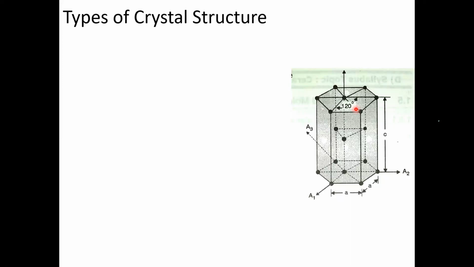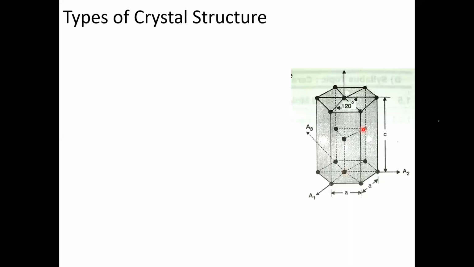Then NF by 2, for the face centered atoms, because the top face has one center atom and the bottom face has another center atom. So NF by 2 and NI by 3. Here 3 atoms are there, but these 3 atoms are not at the center line.